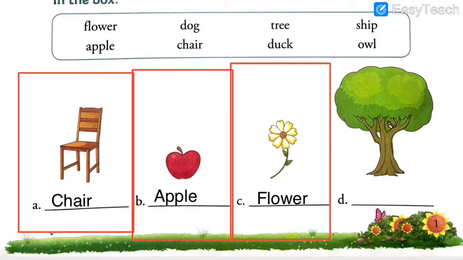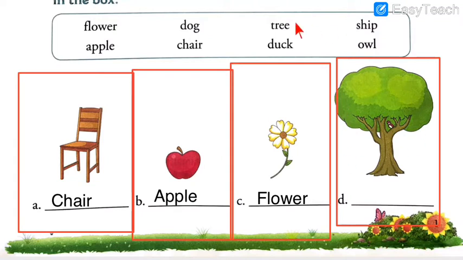And on this page, this is the last picture. Oh, flower is gone, apple is gone, chair is gone. So these options are now we have to ignore. Now, is this a dog? No. Is this a tree? Oh yes, this is a tree. This is a big tree.